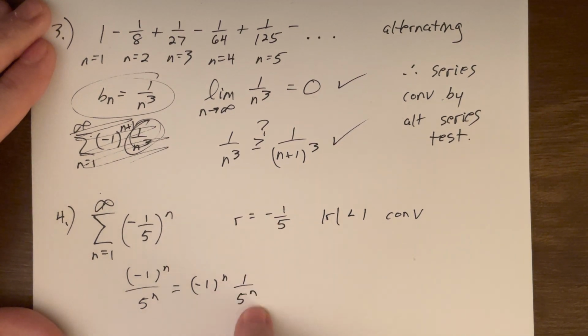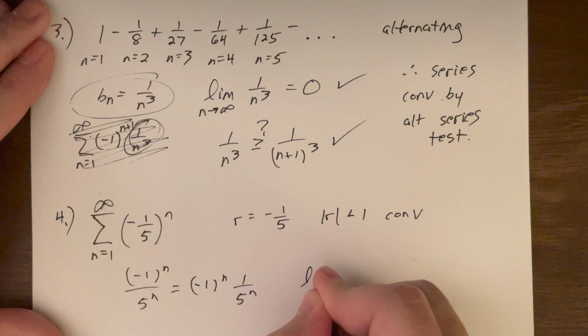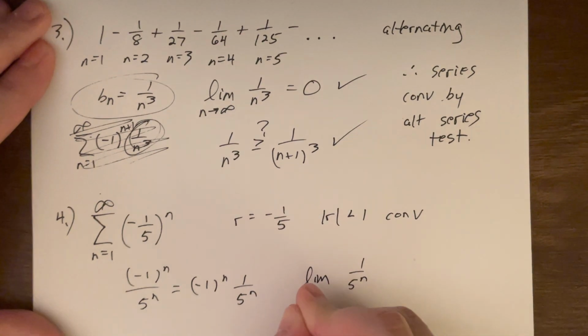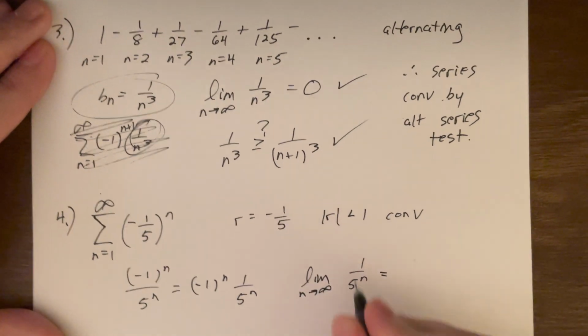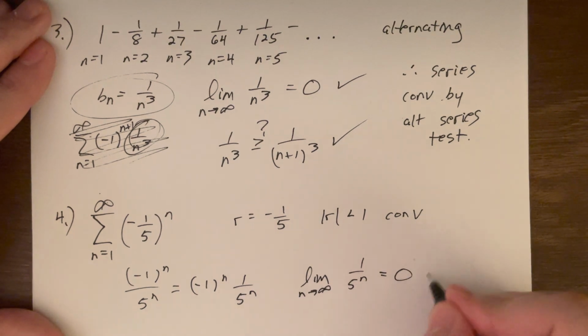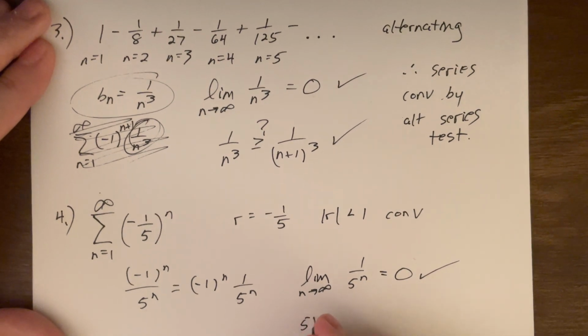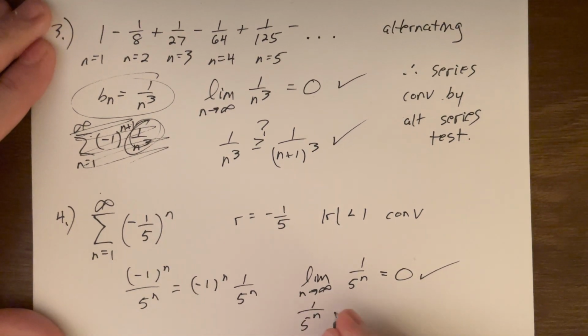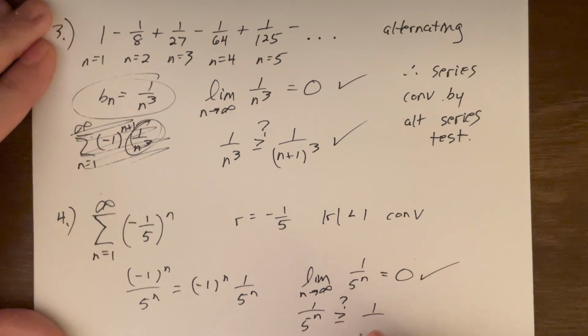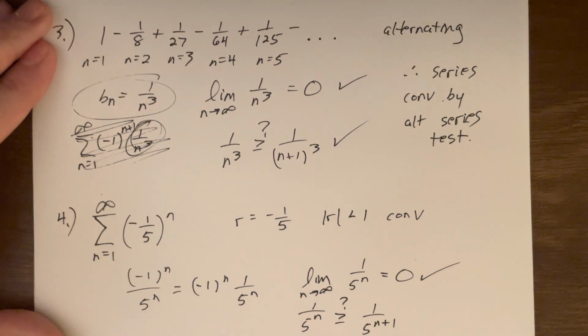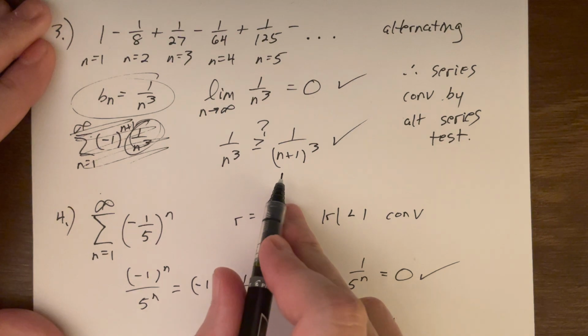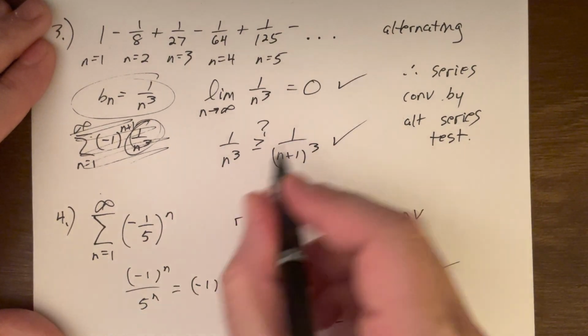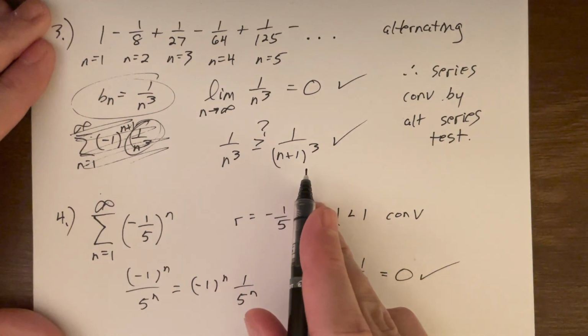But here, there's my b sub n. So what happens to the limit? 1 over infinity, it's a 0, so that's a check. Is 1 over 5 to the n bigger than 1 over 5 to the n plus 1? Maybe you want to cross multiply before you confirm that just so you feel a little better.